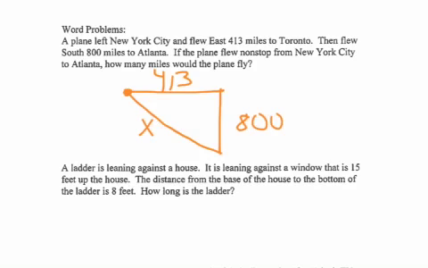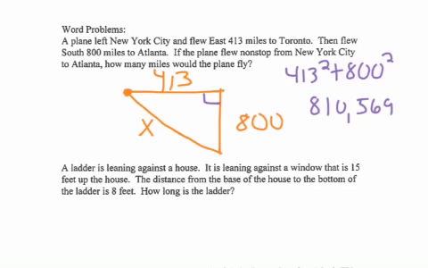So I'm looking for this value, which is opposite, not touching my 90-degree angle, so I'm looking for my hypotenuse. So therefore I will add 413 squared plus 800 squared would give us 810,569, and if I take the square root of that, I'm going to have roughly 900.3 miles.